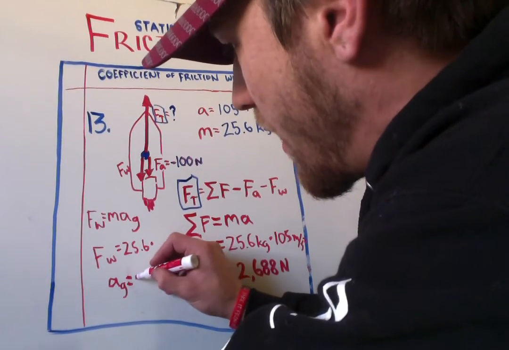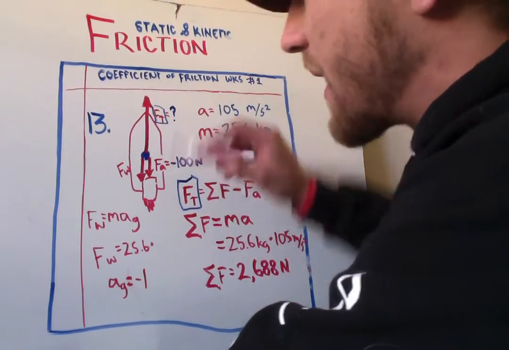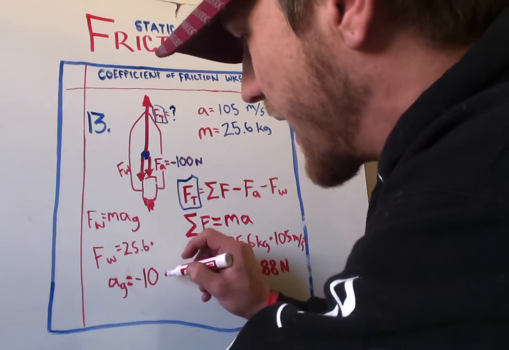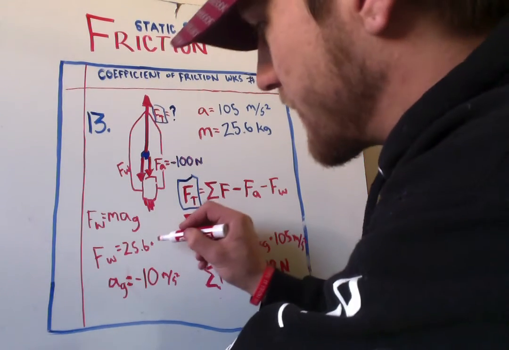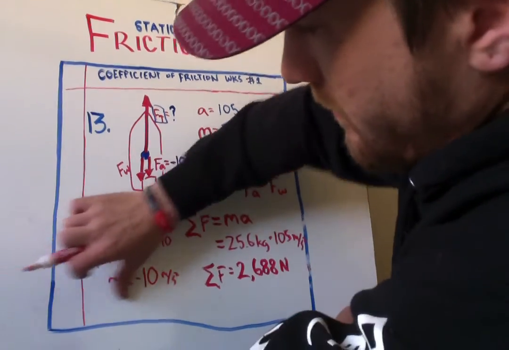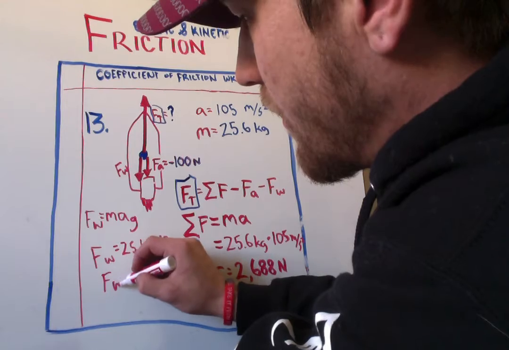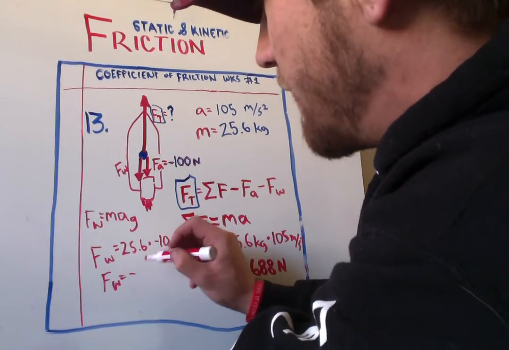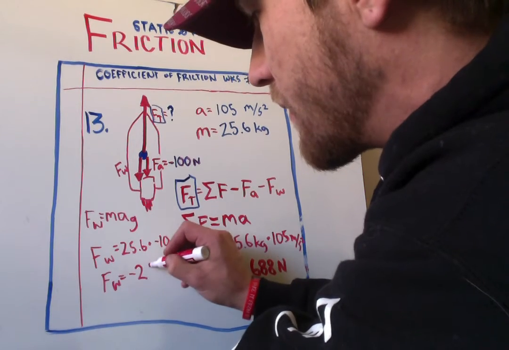And actually, when you do vector problems like this, you want acceleration to be a vector, so it'll be -10. All right? So multiplied by -10. So F of W, the weight of it, would be negative, and we multiply that by 10. You just move the decimal over one spot.